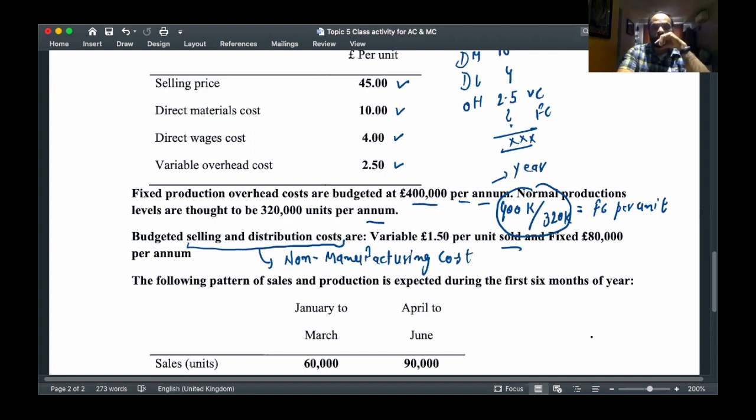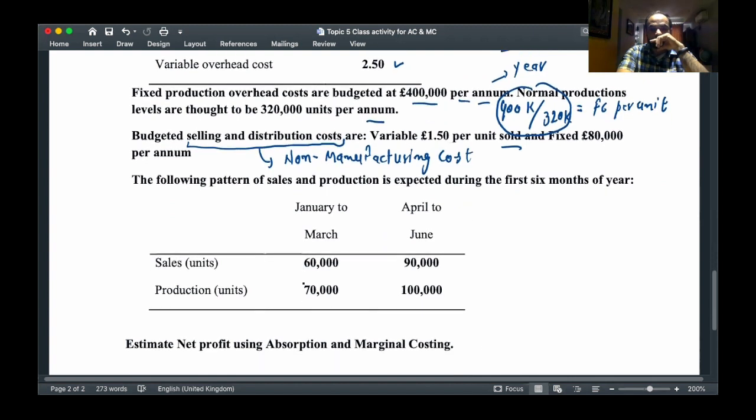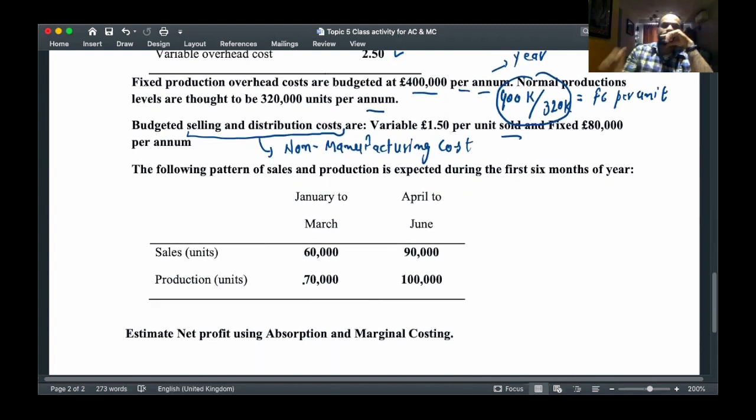Now we have some further information. We have sales for January to March, quarter 1, and April to June is quarter 2. So we have 2 quarters of information, 6 months of information. But of course, you have to calculate everything for 3 months, right? So January to March, we have sales units of 60,000 and production units of 70,000.